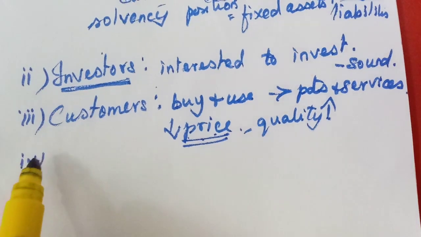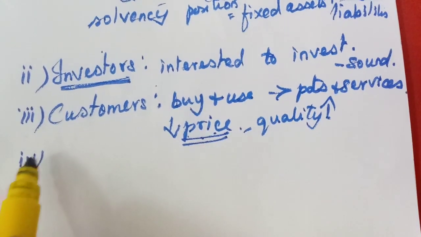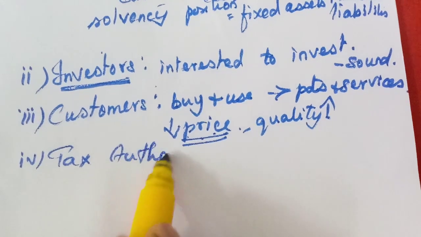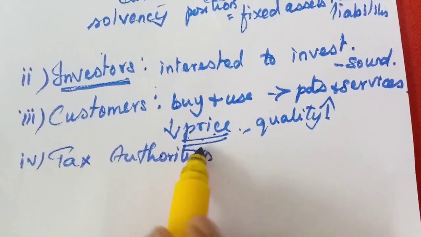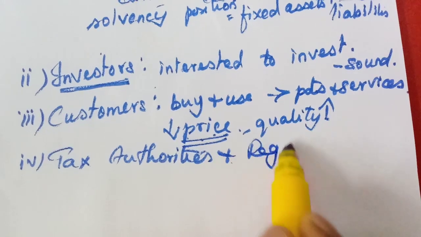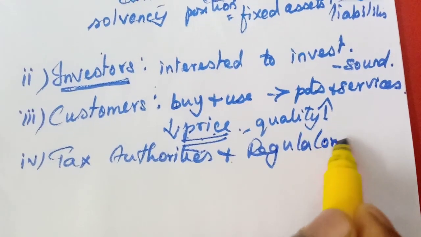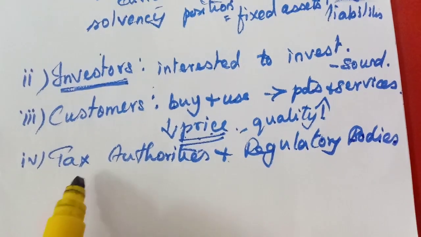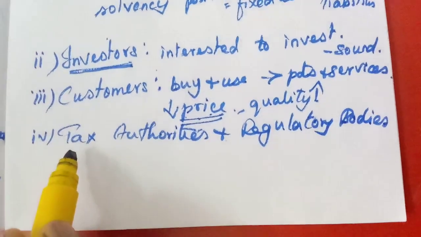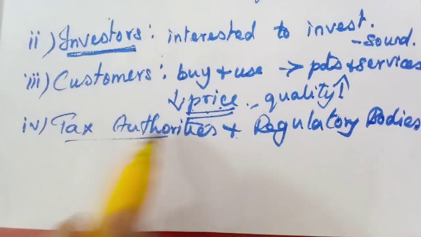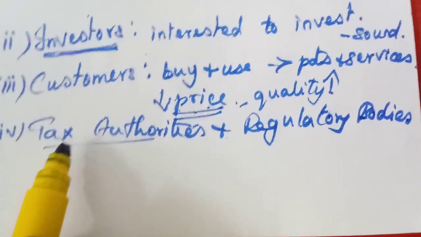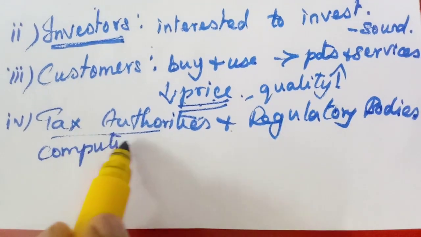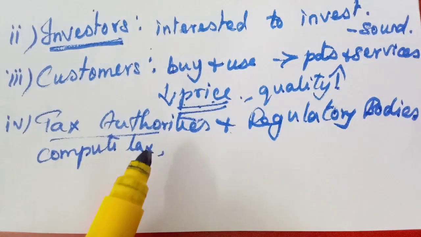Then the fourth one is tax authorities and other regulatory bodies. Tax authorities, why do they need to know? Already in the importance we have learned, isn't it? Tax authorities need it for computing tax, calculating tax.